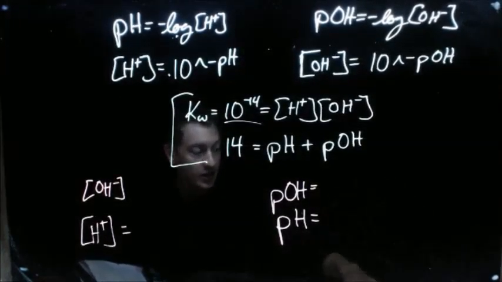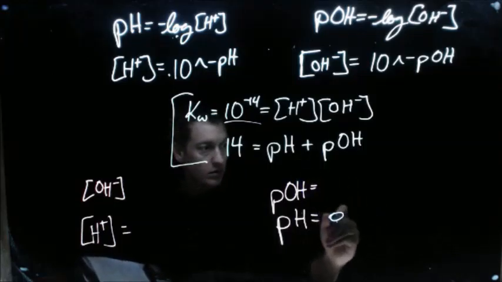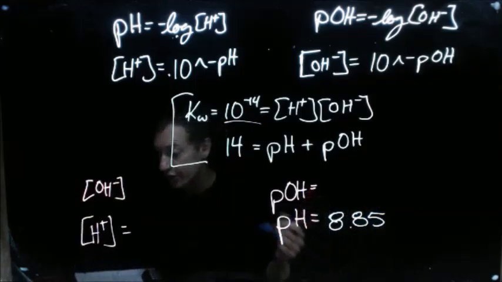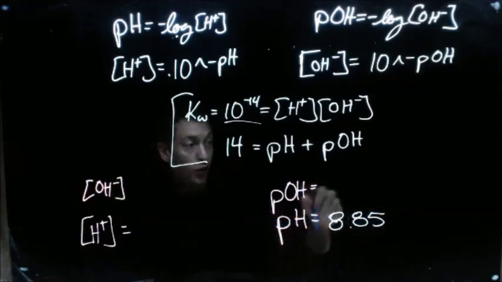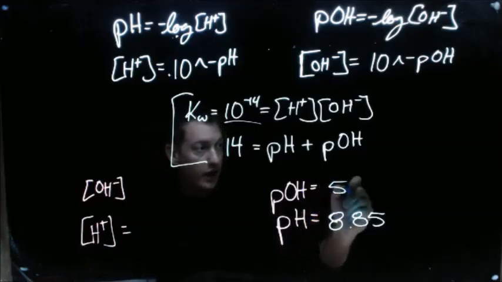So if pH is 8.85, well, we can find pOH pretty easily. It's going to be 14 minus 8.85. So that's going to come out to be 5.15.